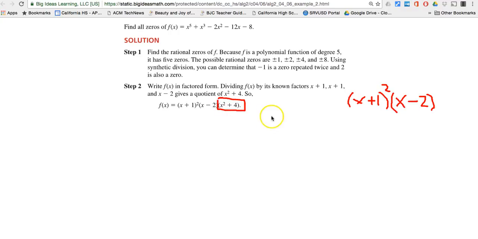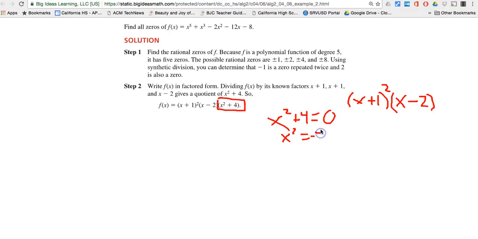Now, at this point, what we can do is we just set x squared plus 4 equal to 0. And that's how we can go ahead and get the remaining solutions right here. So what we get is x squared equals -4.